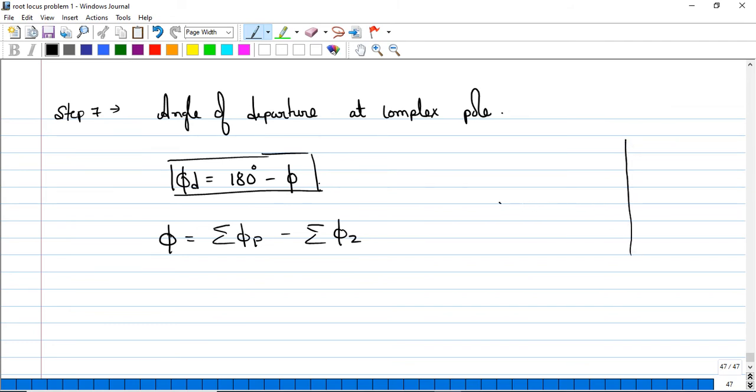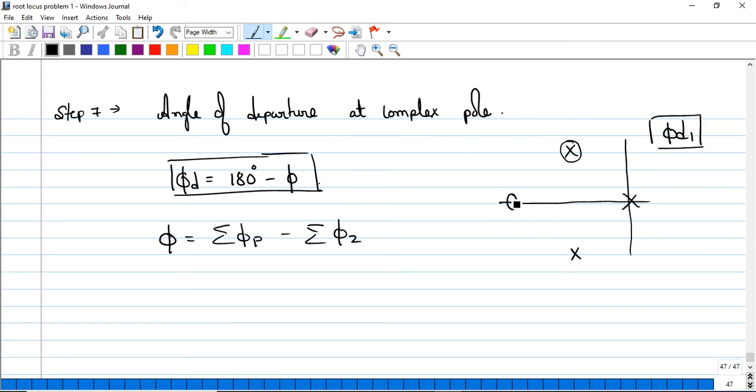So let us draw the construction. I will try to mark the same. We have one pole at 0 and one zero at -2 and one pole at -1 plus j and one more pole at -1 minus j. So we need to draw a construction. Let me say I am calculating the departure at this particular point, departure 1.